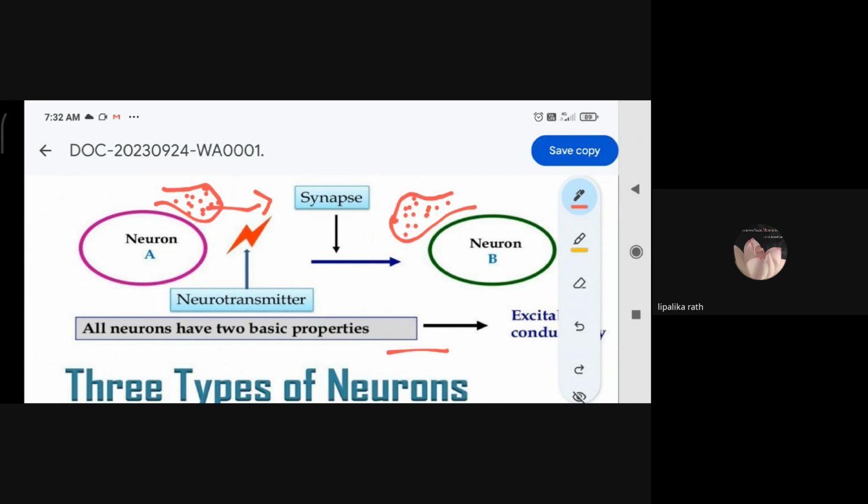There is a small space you can find, and that space is known as the synapse.